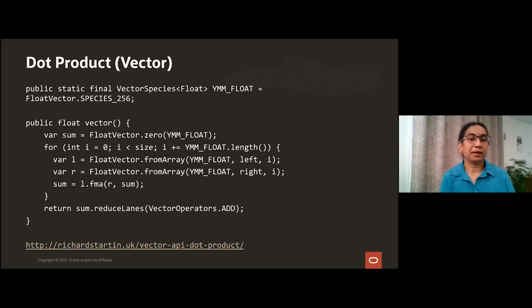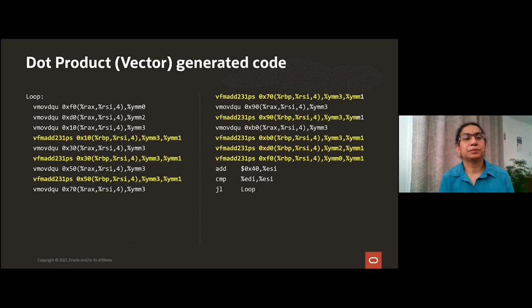So it multiplies the 8 floats, and then the accumulation is done here in the vector register sum. So within the loop, all the accumulation happens in the vector sum, and after the loop is complete, we reduce it to do the horizontal addition and reduce it to the scalar sum. So on the next slide, we show the generated code.